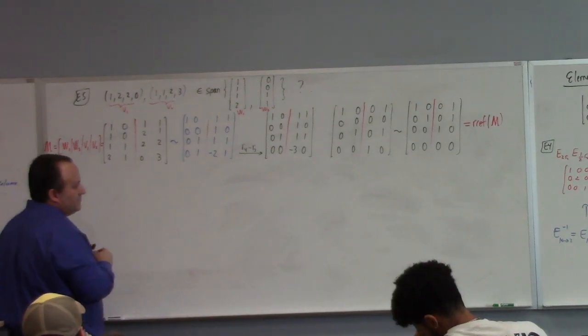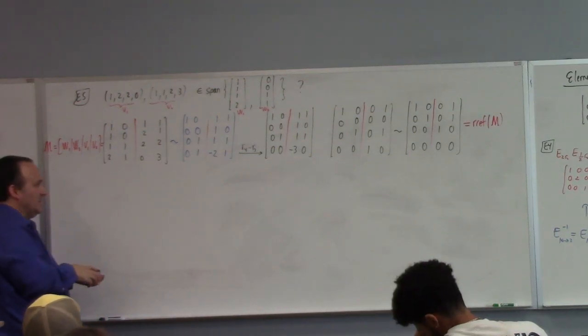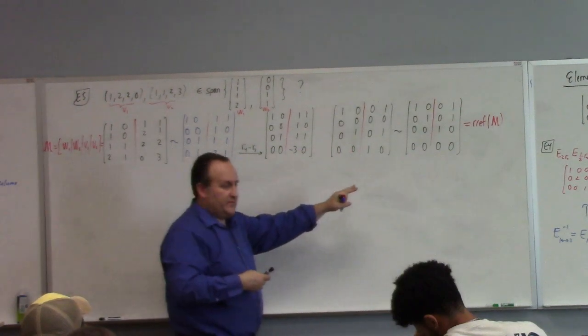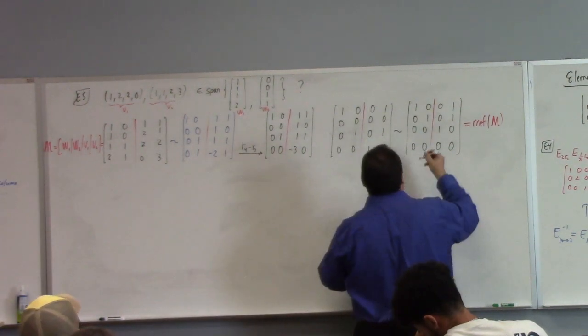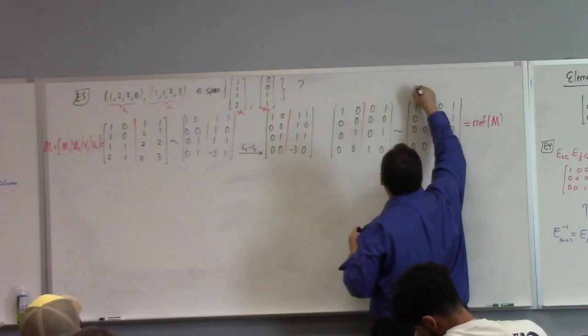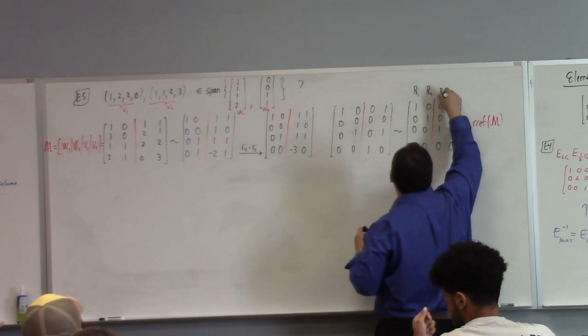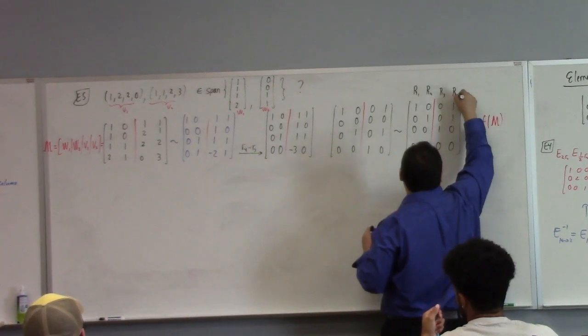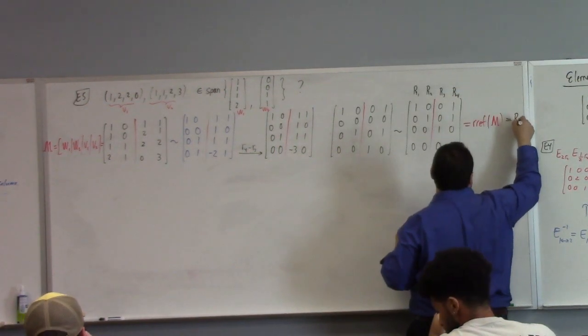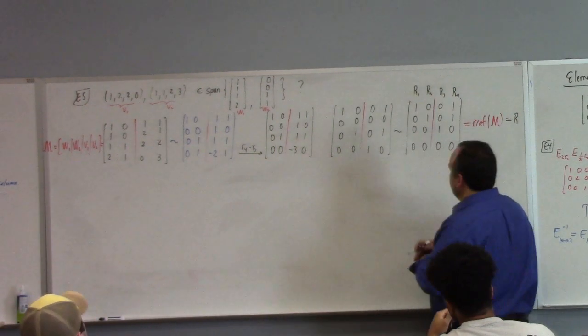All right. If we look at the reduced row echelon form of M, and I'll call this matrix R, so column 1 is R1, R2, R3, R4, like column 1, column 2, column 3, column 4.